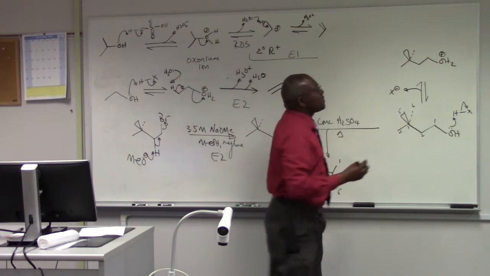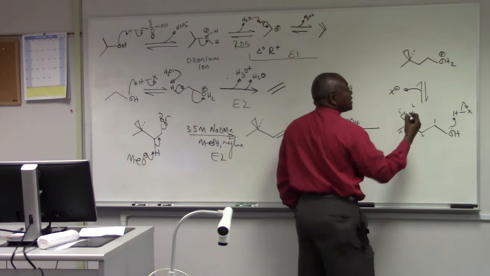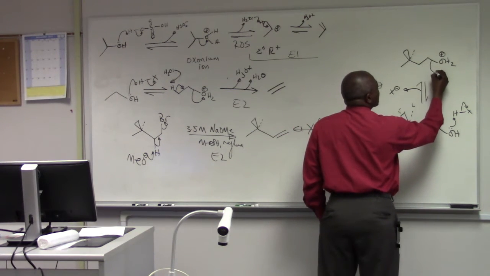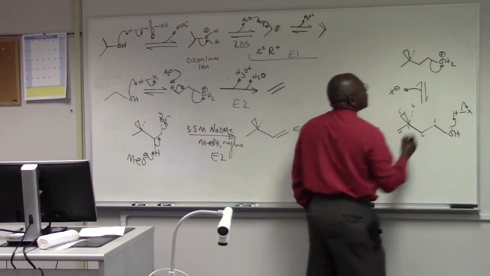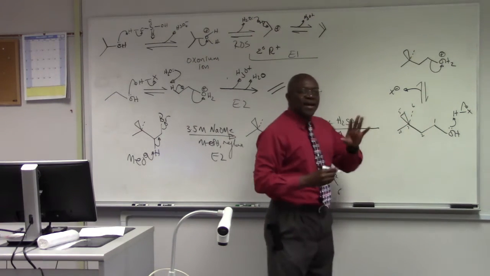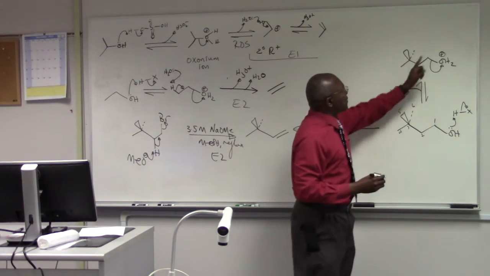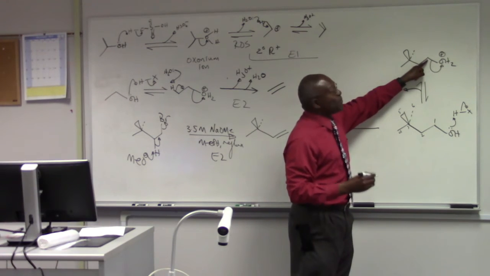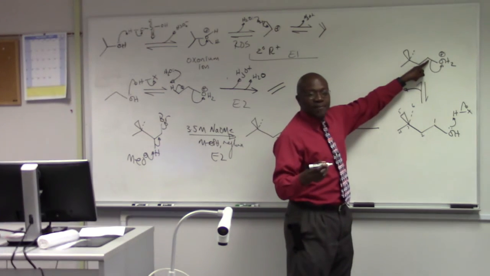The oxonium ion, again, water is a really great leaving group. So the oxonium ion is going to want to lose the water molecule, but it can't do that simply because that will generate the impossible primary carbocation.